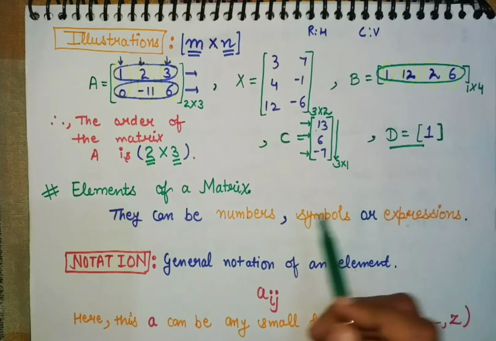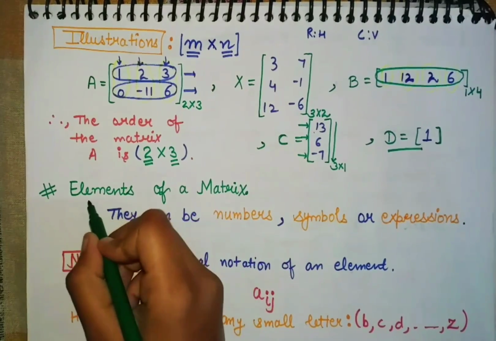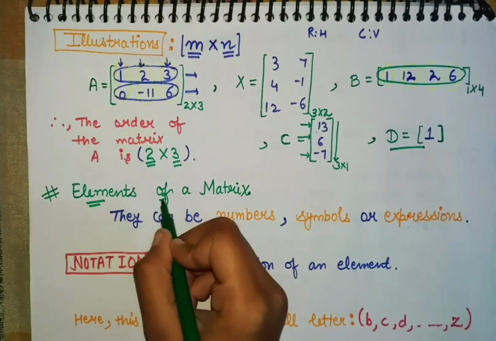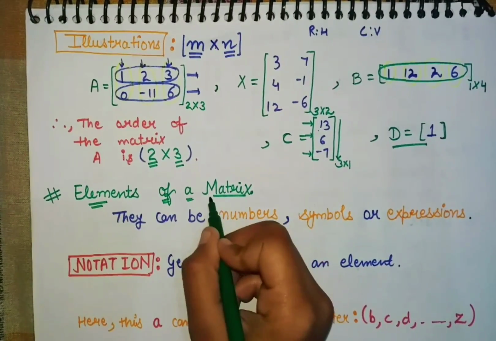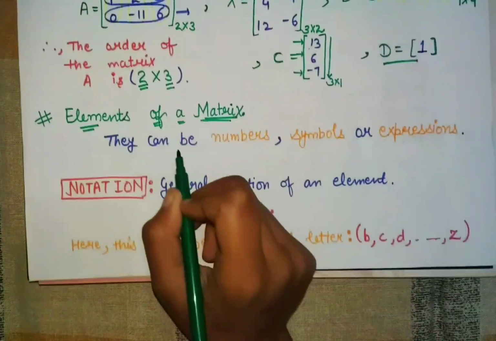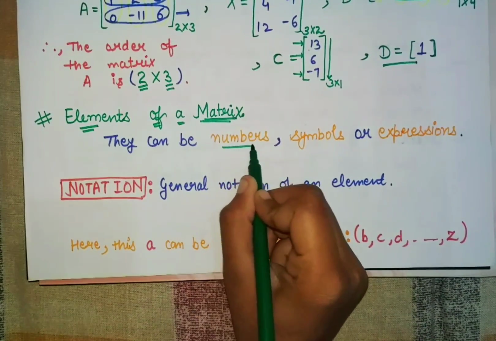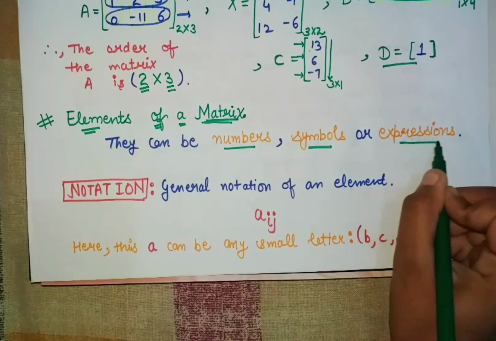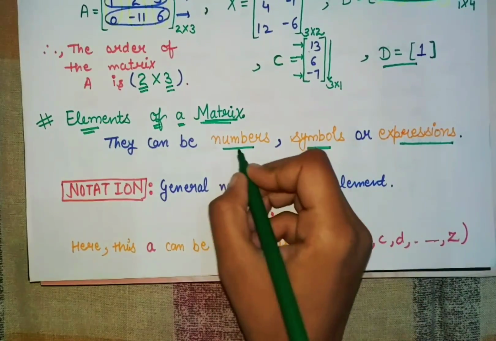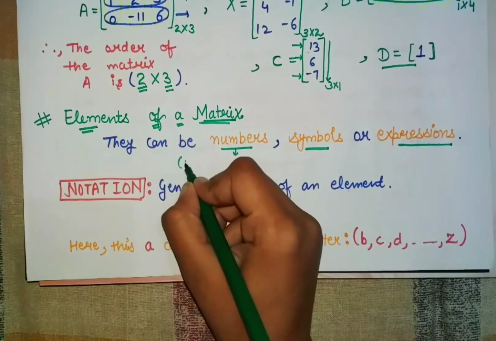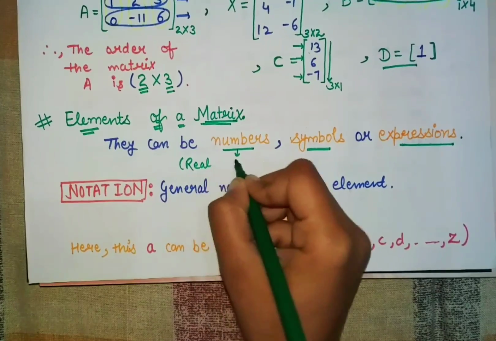So, going further, let's talk about the elements of a matrix. Elements can be numbers, symbols, or expressions. Numbers can be real or complex.